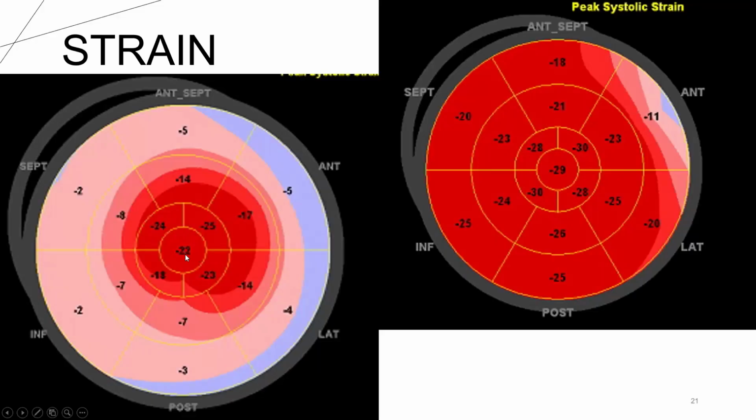Here we're going from 22 to 2. That's 20 points difference. So the ratio of difference between the strain at the apex and around the base tells us about the severity of the effect that amyloid has had on this heart in terms of strain.